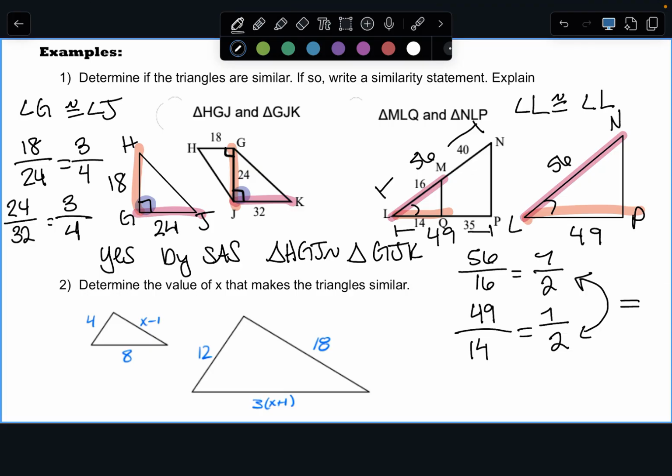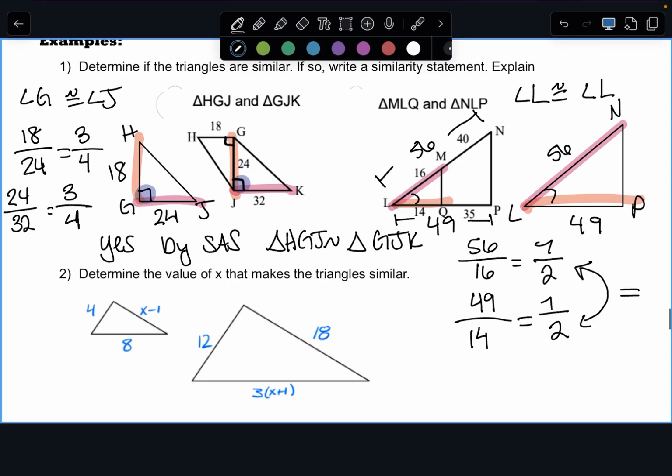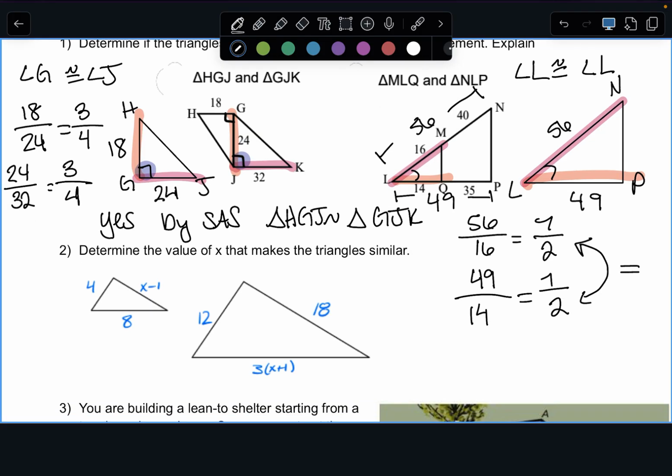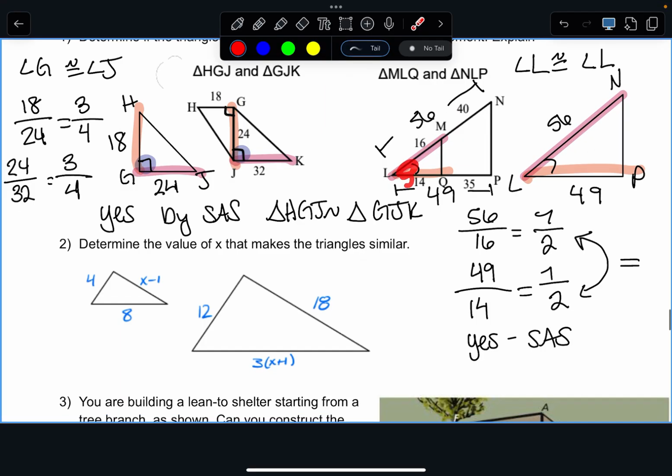The pink is the angle for L, and then side for orange. So again, hiddens are totally possible. This one had a shared angle. But my answer here is yes, they are similar by side, angle, side. Side comes from right there, angles are right there, and then side is the orange.